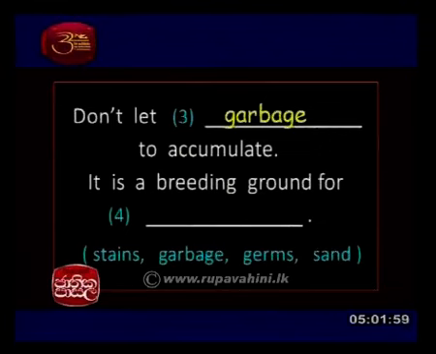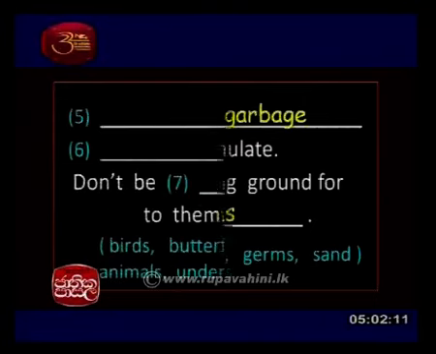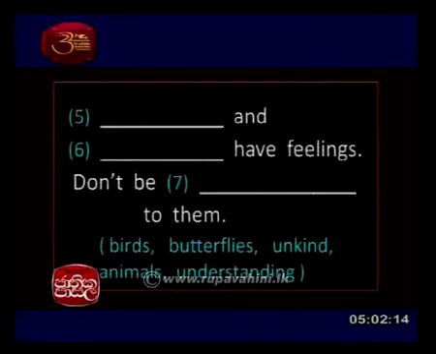Now, like that, you have to be wise and select the most appropriate word. Third one. Yes, Andrea? Blank and blank have feelings. Don't be blank to them. Right. Now, shall we read the words as well?